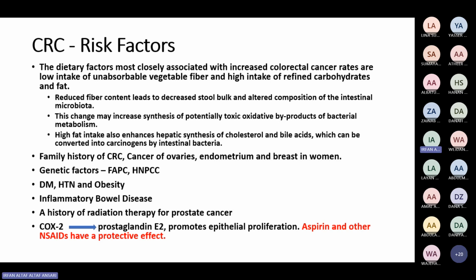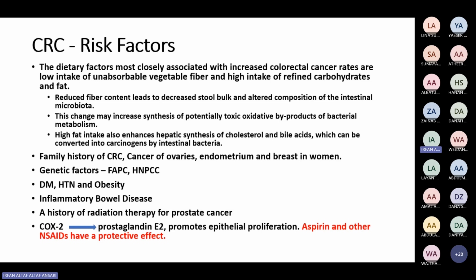Then family history of CRC, cancer of ovaries, endometrium and breast in women also put them at higher risk of development of carcinoma. Genetic factors like FAP, HNPCC, diabetes, hypertension, and obesity also play a very significant role in the development of colorectal carcinoma. Why diabetes, hypertension, and obesity?